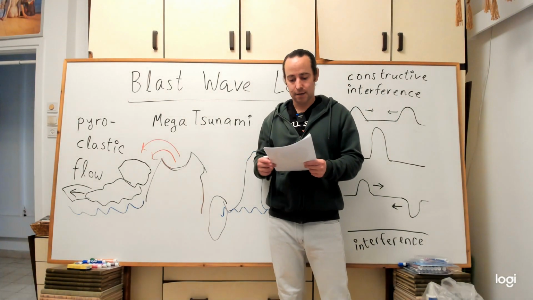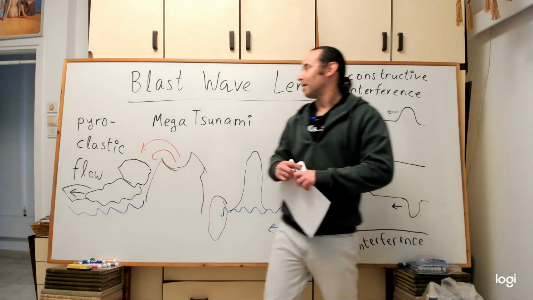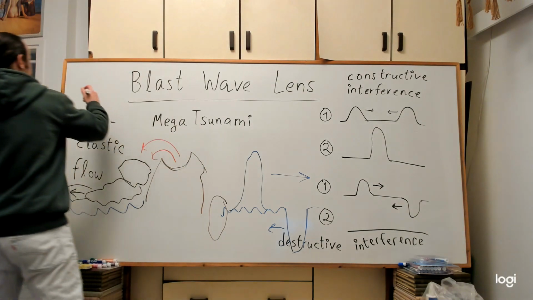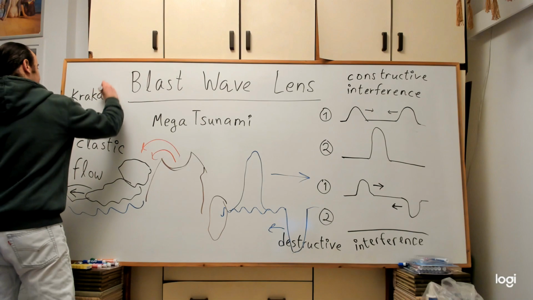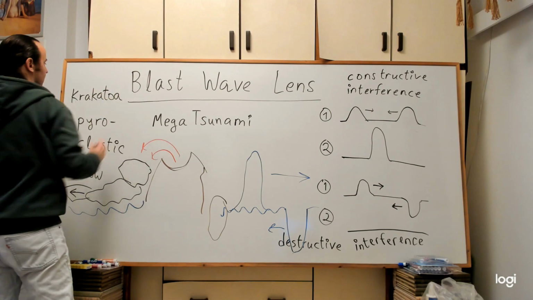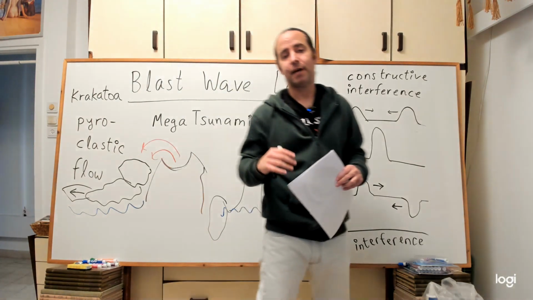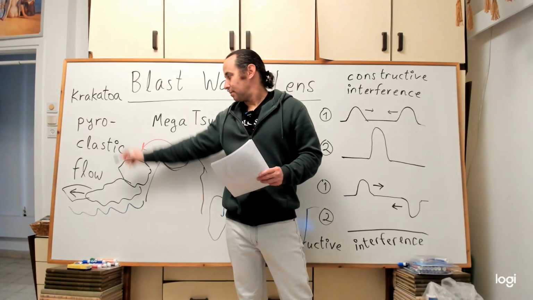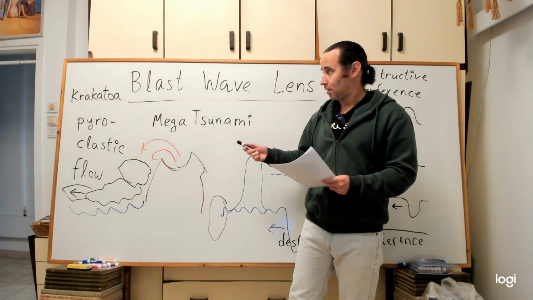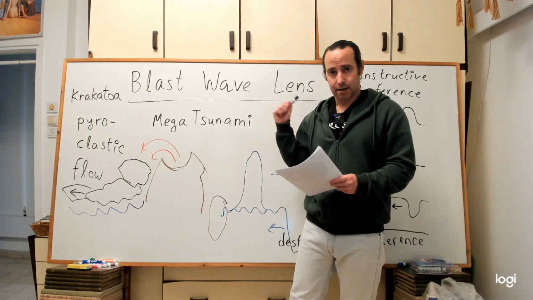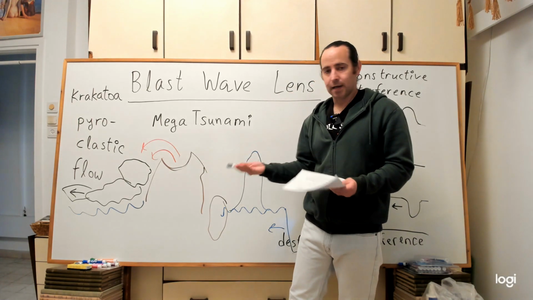It happened in Krakatoa, in Indonesia, between Sumatra and Java, and it killed, I don't remember the details, a lot of people. It's a long time ago, but it can happen any time.